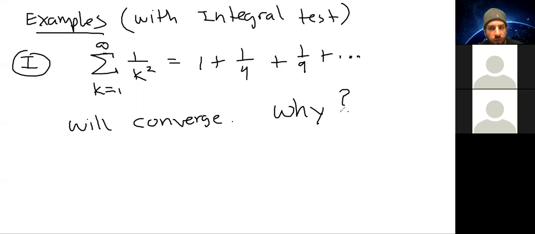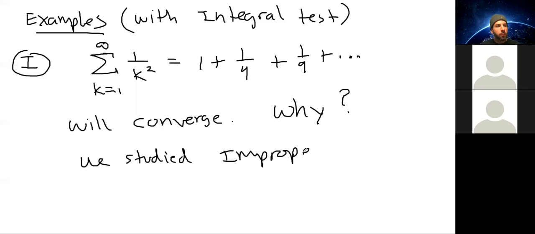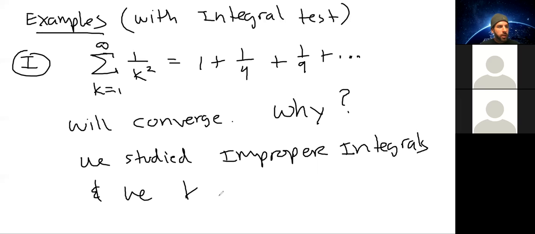So in the previous problem, we said that the divergence test didn't give us any info. Nada. But if we use the integral test, we can get information. We studied improper integrals, and we know the following. What do we need to study? We need to study the integral that corresponds.